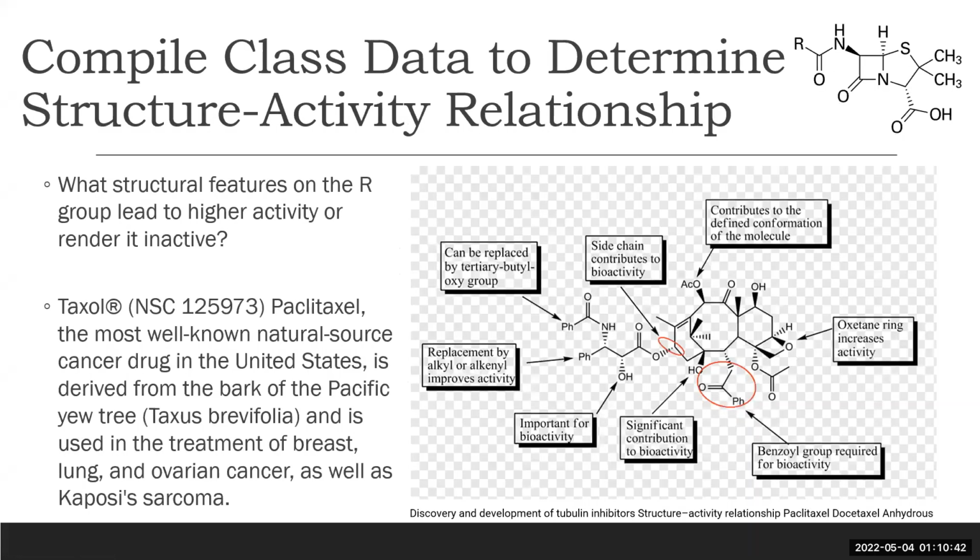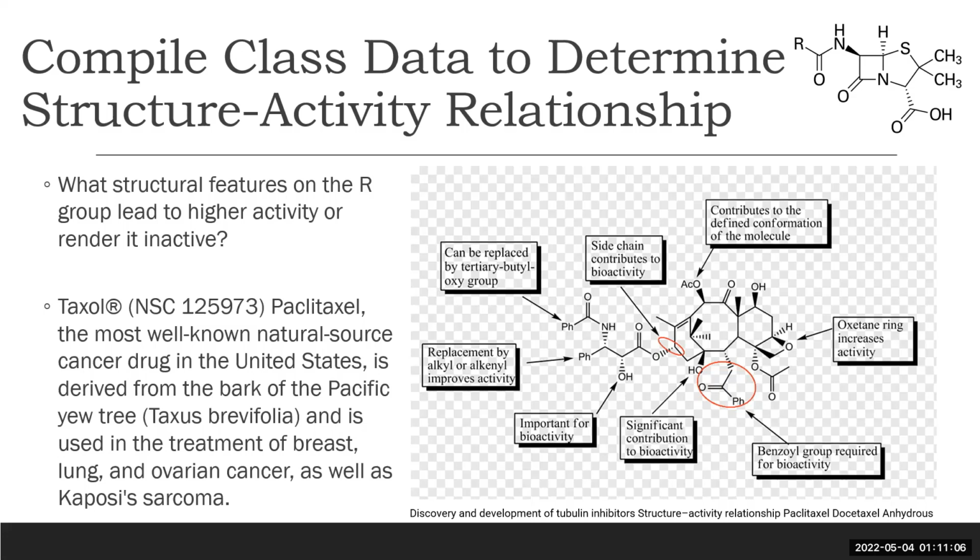Okay, so our goal is to compile class data because every group is going to make one analog, but we want to know what all of the analogs' activity is so that we can determine what's called a structure-activity relationship. So one thing you need to understand is that the structure determines the activity.